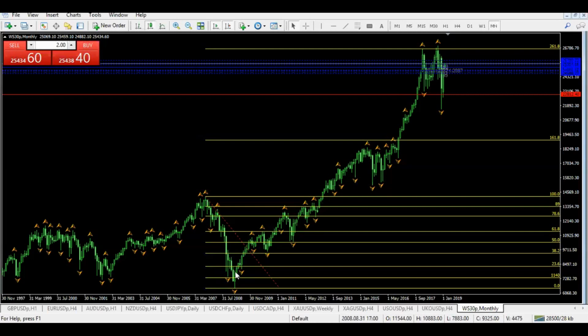Not from here, not from here. It has started from here, the main one. You consider the highest high to the lowest, and that's your central Fibonacci.